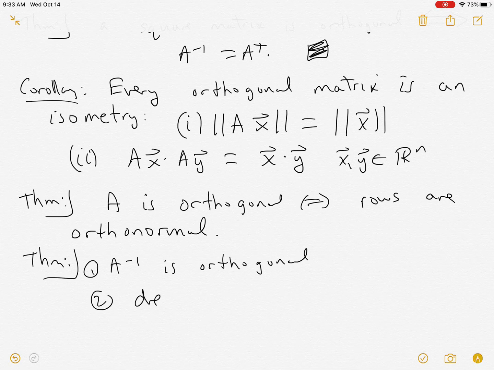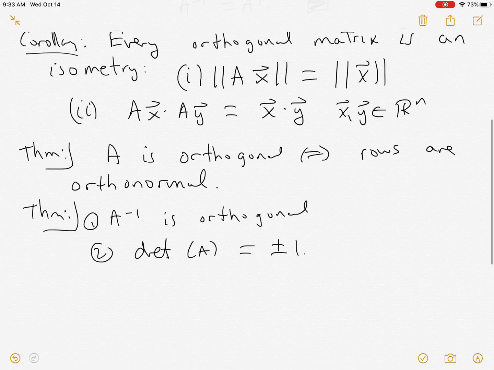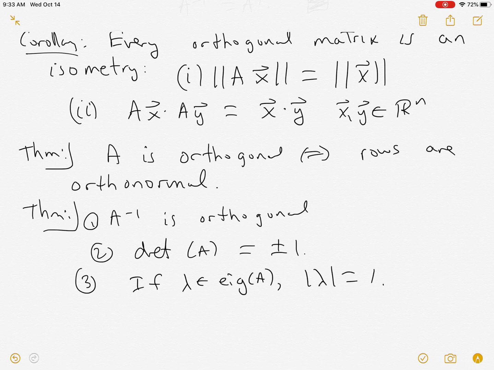Two, this is very helpful. The determinant of A, an orthogonal matrix, is always going to be plus or minus 1. And three, if lambda is any eigenvalue of A, then the absolute value of lambda is 1. And four, if you take two orthogonal matrices, A1 and A2, A1 times A2 is also orthogonal. Okay.